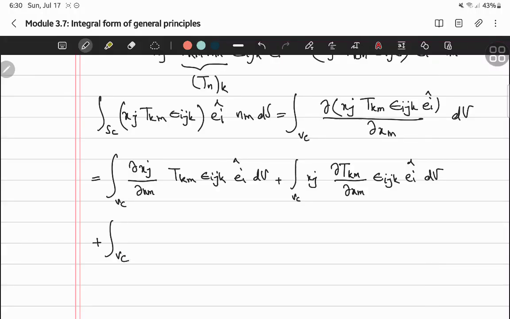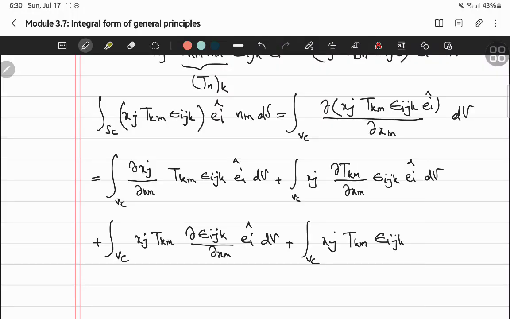Plus we also have xj tkm partial derivative of epsilon ijk with respect to xm e_i dV, plus the integral of xj over Vc, of course, tkm epsilon ijk partial derivative of e_i with respect to xm.